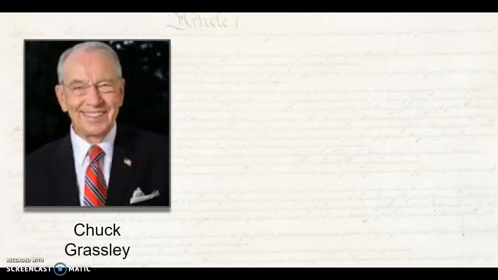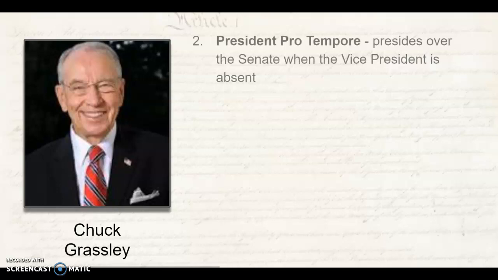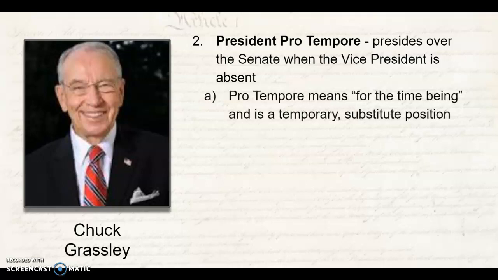And I'm sorry, this is a very blurry picture of Chuck Grassley. President pro tempore presides over the Senate when the vice president is absent, which is most of the time, right? The vice president typically has many other duties to attend to and is usually only called to come over if there is a tie, or if they predict there might be a tie.